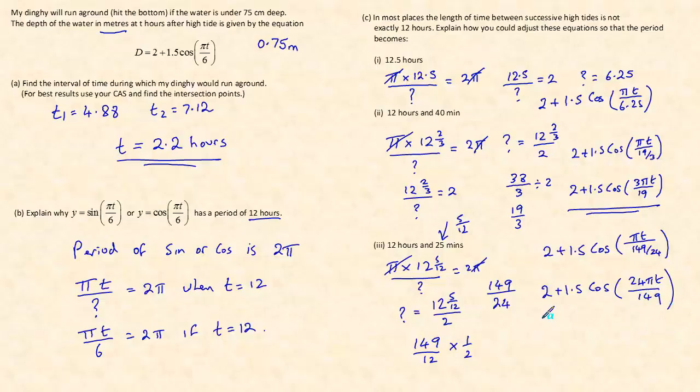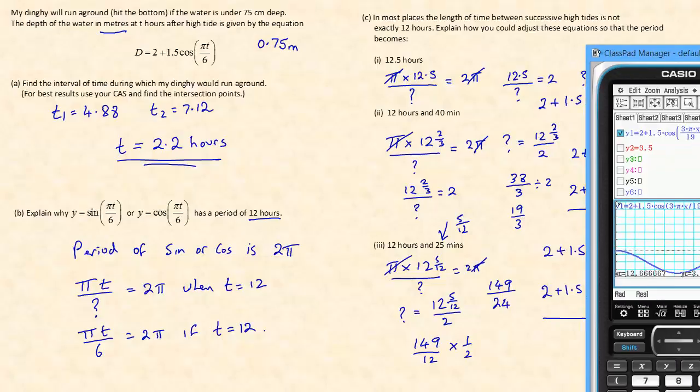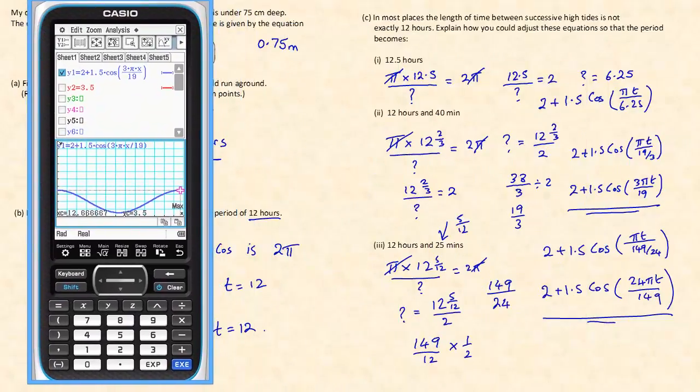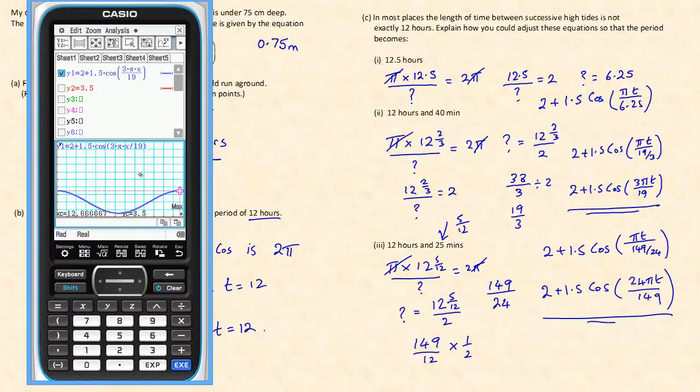And with such a complicated answer, I think once again that I'd want to check that on my calculator. So let's just alter this. So that's going to be 24 on the top there, and 149 on the bottom.